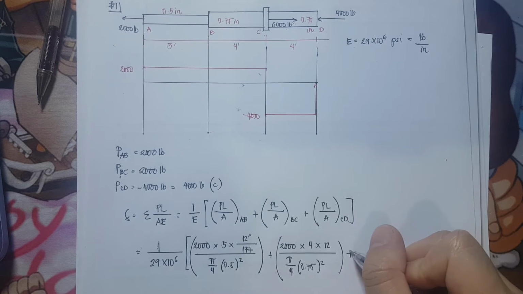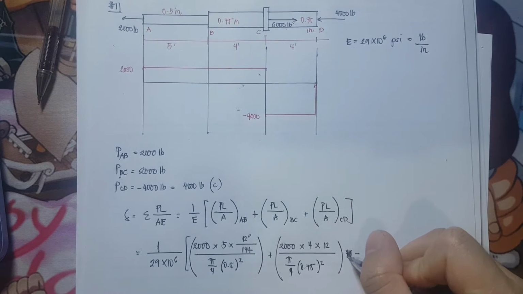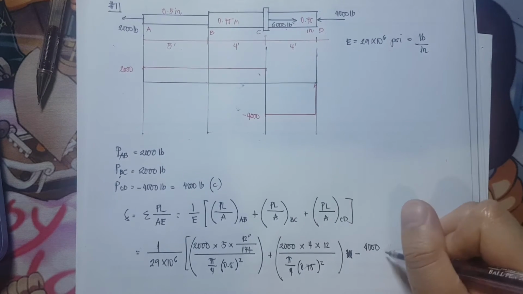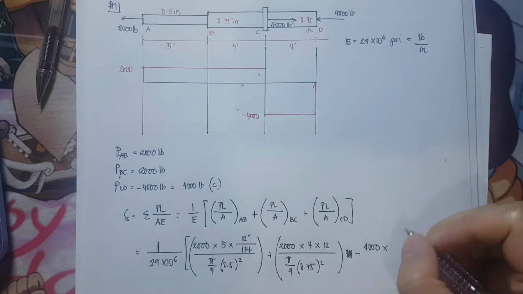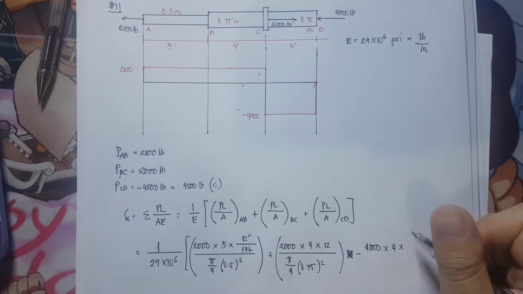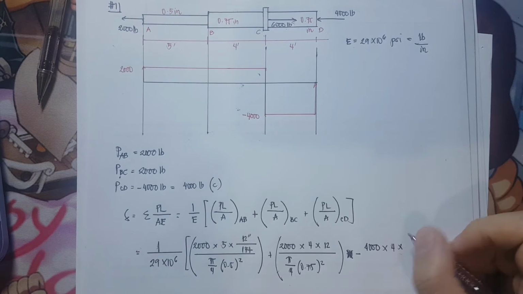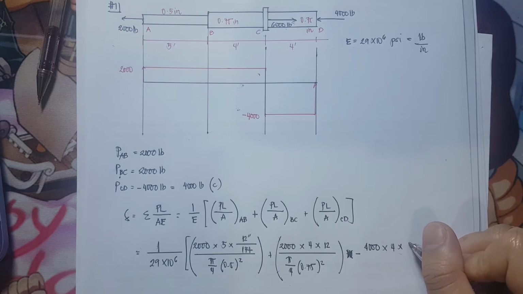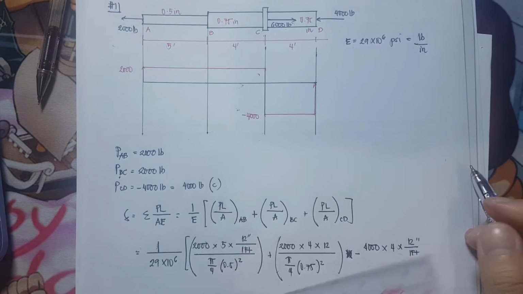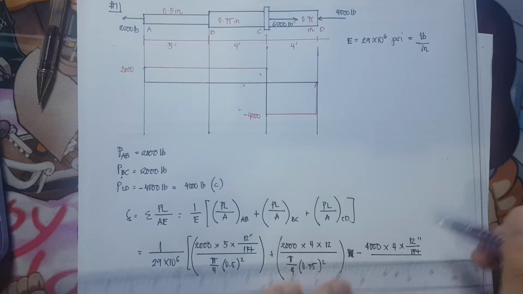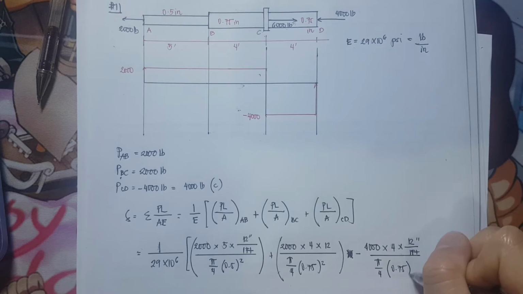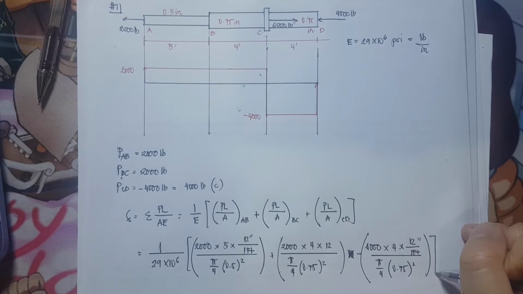So instead of positive, we change this to negative. Okay, so it is negative 4,000 times the length of 4 feet times 1 foot is 12 inches, divided by the cross-sectional area of pi over 4 times 0.75 quantity squared.